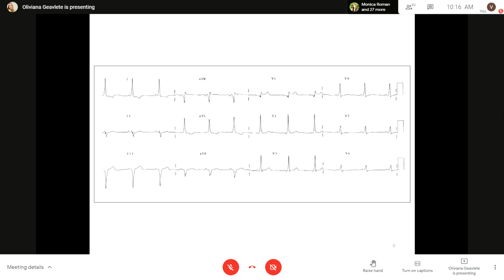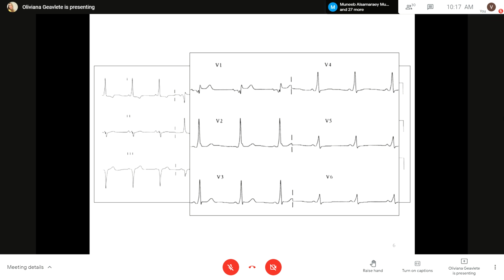So you have to look at the QRS complex. Let's enlarge this. How does the QRS complex look? It is not large, but it is slurred. The upslope is slurred. This is a delta wave with a short PR segment.